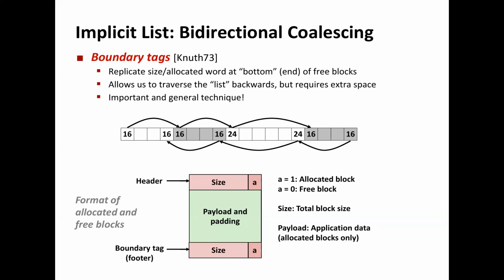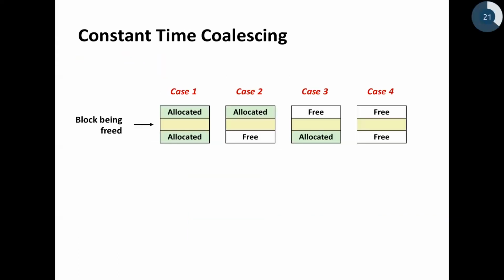So the idea is very simple, right? Just replicate the size. So now let's say we have case one, a block that is going to be freed. It's surrounded by allocated blocks. Okay, then we are done, right? So we just free this block and that's it. In case two, the next block is also free. Then I am going to coalesce with that next block.